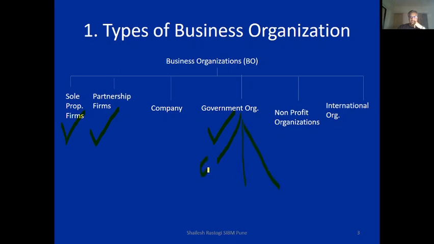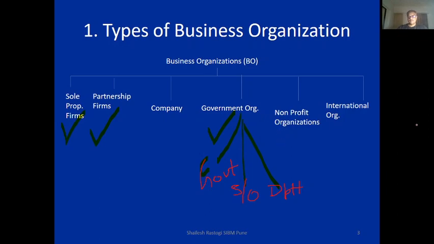We have government companies, and we have got statutory organizations, and then we have got some departments under ministry, so we call them departments which are directly working under ministry. So these are three types of government organization.